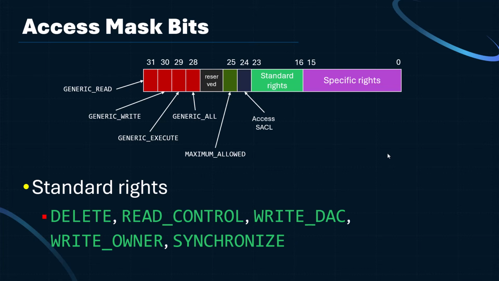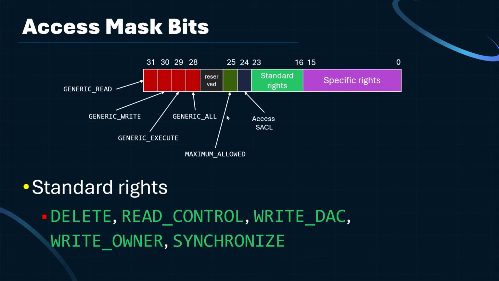For example, process objects can be waited upon. In this case, they become signaled when they terminate. Same goes for threads and other kinds of objects we can wait on, such as events, mutexes, semaphores. But for objects that don't have that kind of meaning, you shouldn't really use this access mask. Then we have something called maximum allowed.